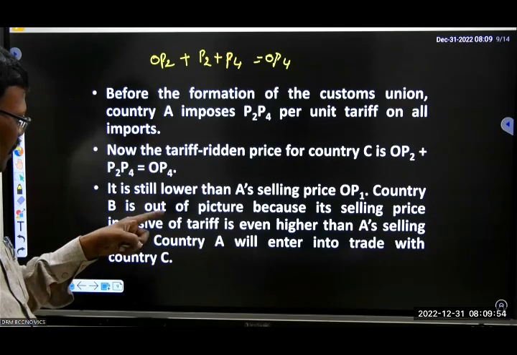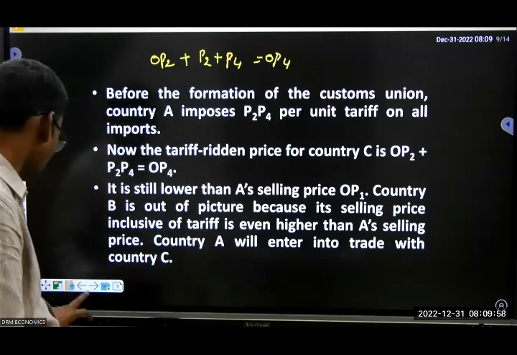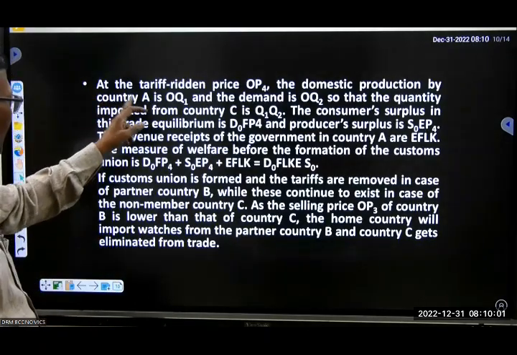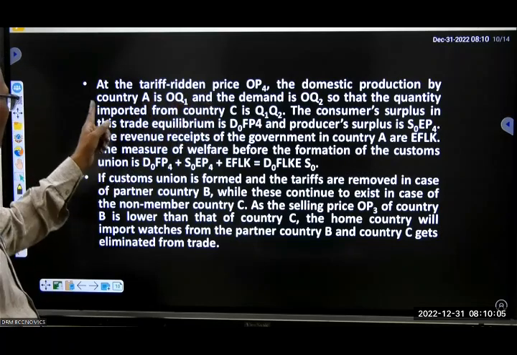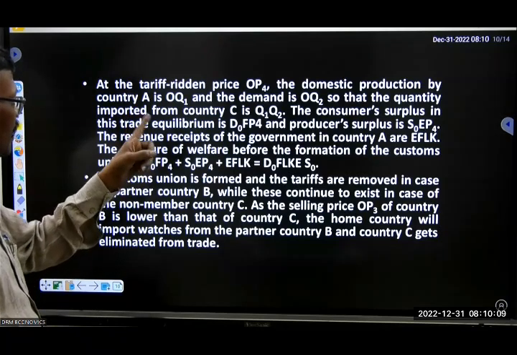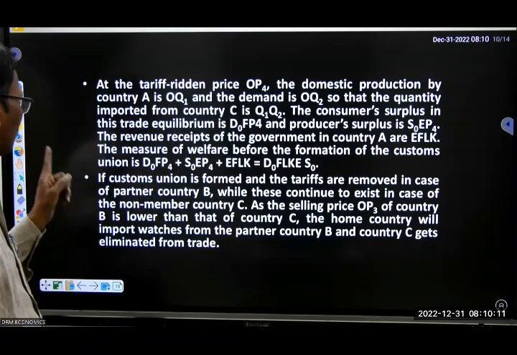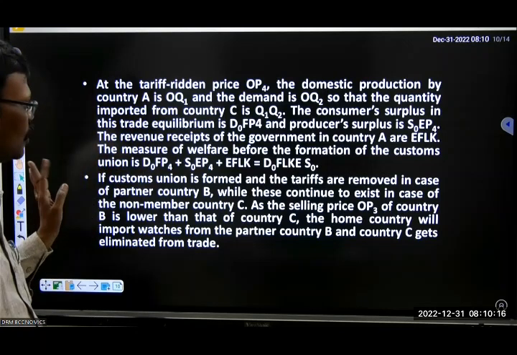Country A will enter into trade with country C and will import from there. At the tariff-ridden price OP4, the domestic production by country A is OQ1 and the demand is OQ2, so the quantity imported from country C is Q1Q2.